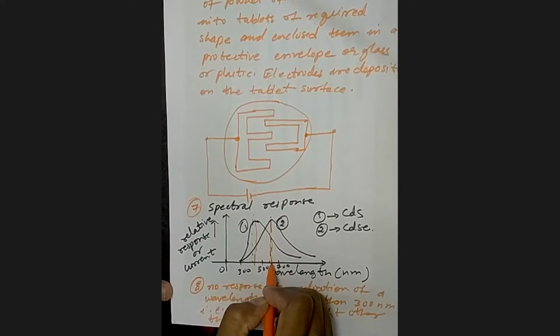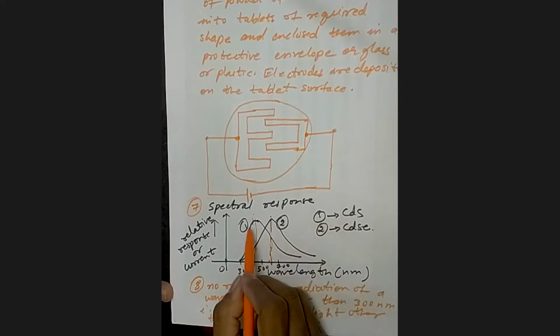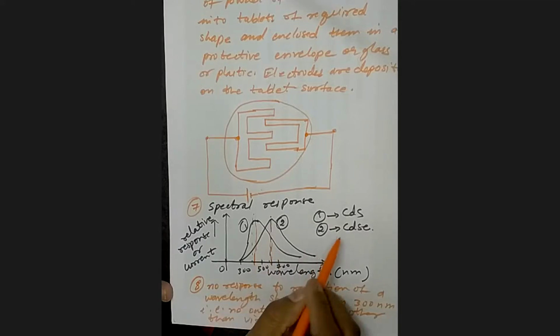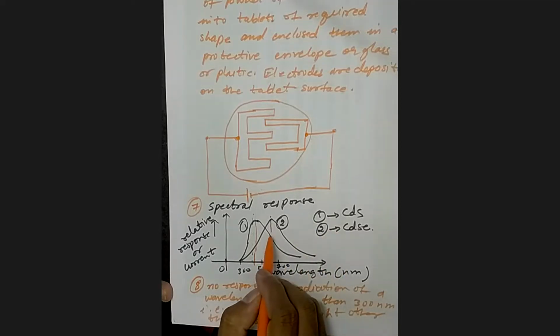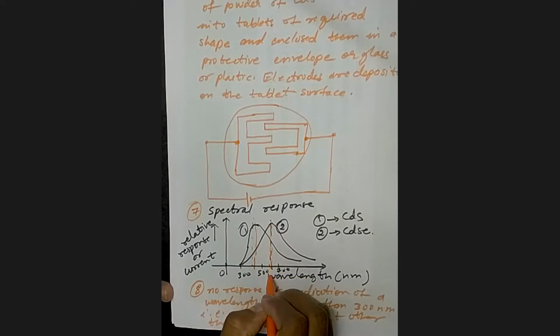So the cadmium sulfide gives the highest response at approximately 400 nanometer, and the cadmium selenide gives the maximum response at more than 500 nanometer. So maximum response of cadmium selenide comes at 615 nanometer.